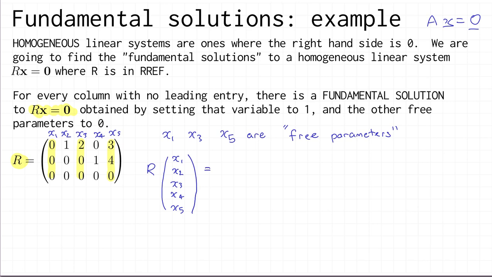We learned about this when we first studied matrix multiplication: what you get is a linear combination of the columns of R. So this product will be equal to x1 times the first column of R, C1, and then x2 times the second column of R, C2, and so on.